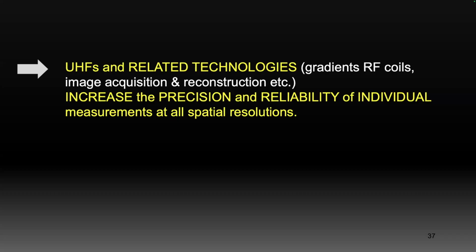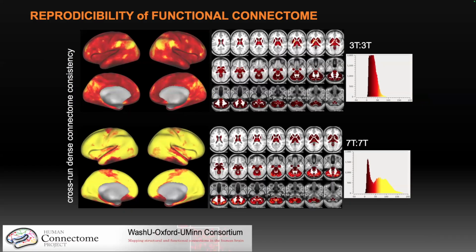I can give you an example from the Human Connectome project that David mentioned. This was led by our consortium: Washington University, Oxford, and University of Minnesota. Here you are looking at reproducibility of the functional connectome, if you like. At 3 Tesla, we had about 185 subjects who were scanned.